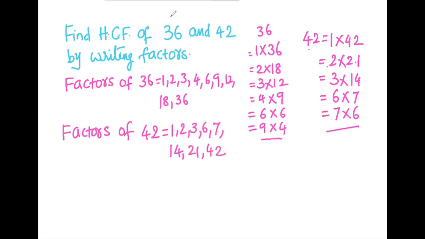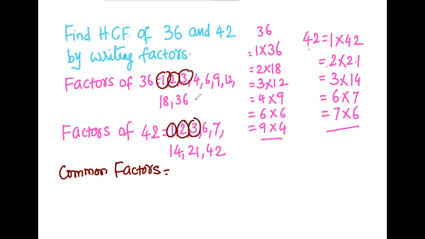Now round up all the common factors. Encircle common factors. 1 is common, 2 is common, 3 is common, 6 is a common factor, 9 is not a common factor, 12 also not a common factor, 18 not a common factor, 36 not a common factor.